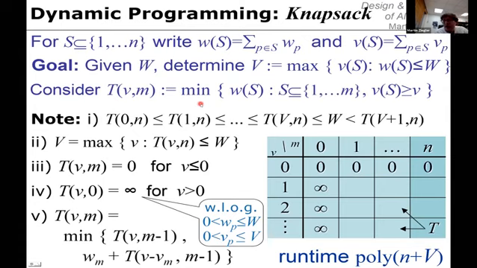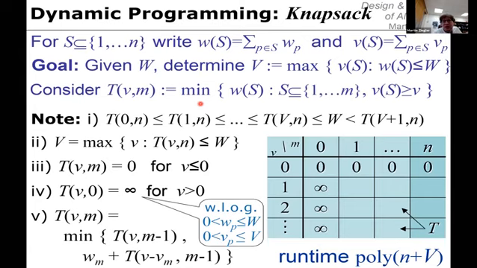A regular polynomial time algorithm must only depend on the binary length of the input, because how large can capital V be in general? Since the packets we are talking about have their weights and values represented in binary, their values and weights will in general be exponential in n, right?